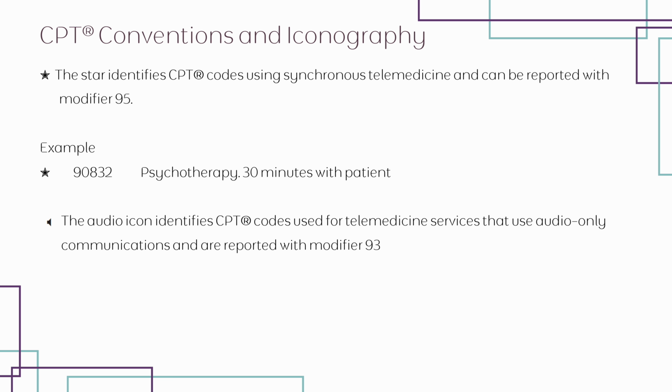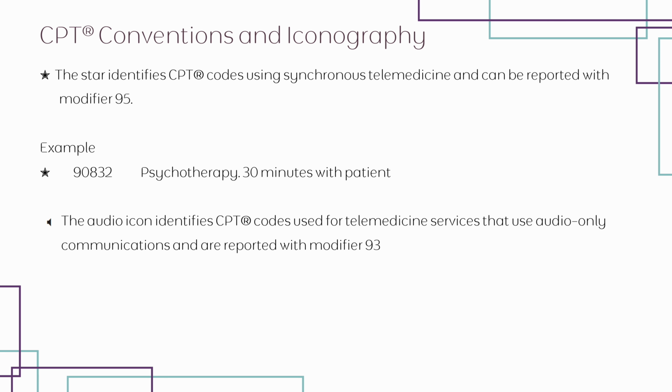The second symbol you may see is the audio icon. This symbol identifies CPT codes that can be reported when telemedicine services are furnished using audio-only communications. In other words, these services do not require a video component.